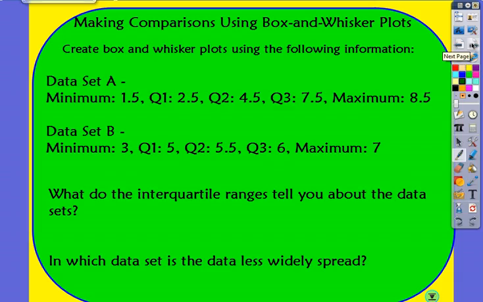The next skill you will need to be able to do is to compare between two box and whisker plots. You are given two data sets. Calculate the interquartile ranges for data set A and data set B. Remember, interquartile range is Q3 minus Q1.